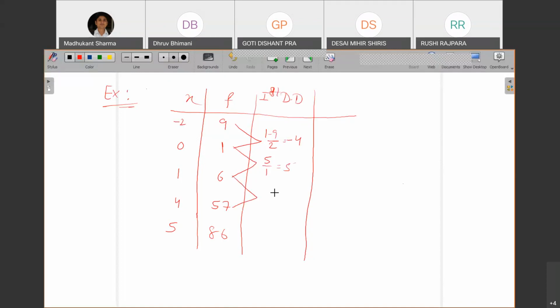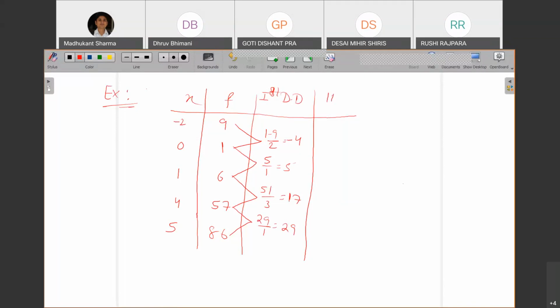Next is 57 minus 6, which is 51, by 4 minus 1, which is 3, so that is 17. And then 86 minus 57 is 29, by 1, that is 29.